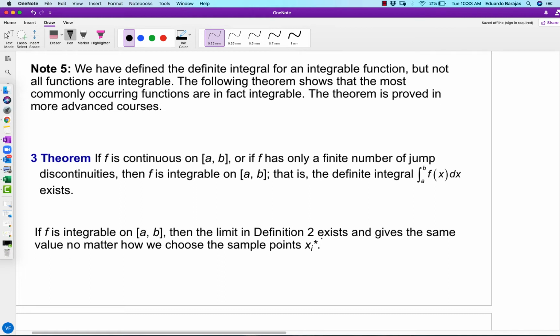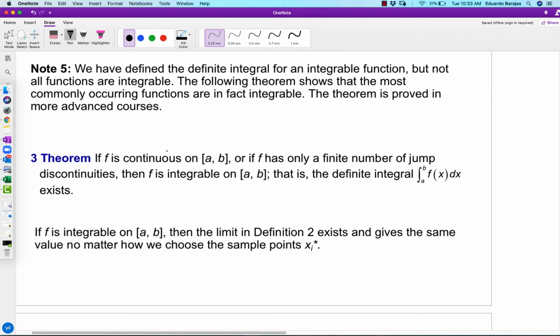Okay, so the bar has been set pretty low. All we have to establish is that the function we're working with is continuous on a to b. It doesn't even have to be differentiable. If f is just continuous, it's good enough. We don't have to guarantee that it is differentiable, just continuous.